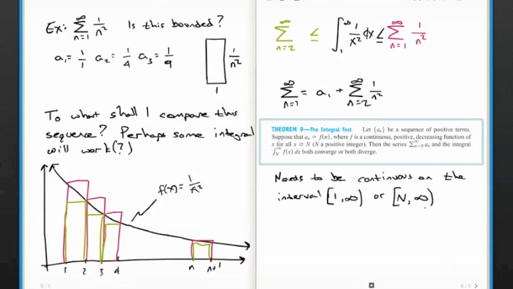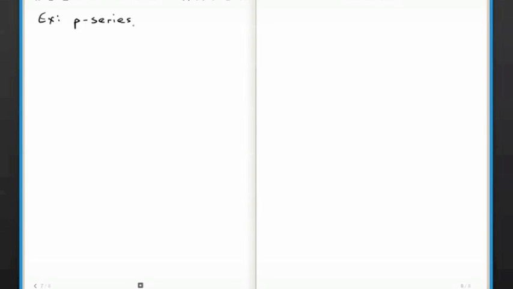Okay, so let's use this to look at another example, and hopefully the fog lifts a little bit and we can understand what's really going on. So the next example will be what we call the p-series. And the p-series looks like this. It's the sum from our old friend, this time I'm going to mix it up a little bit and use k.